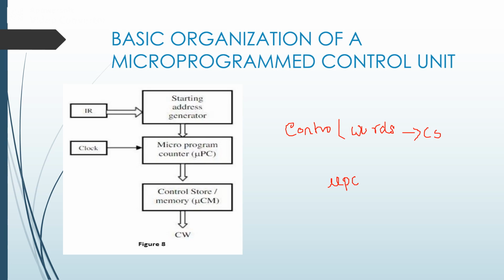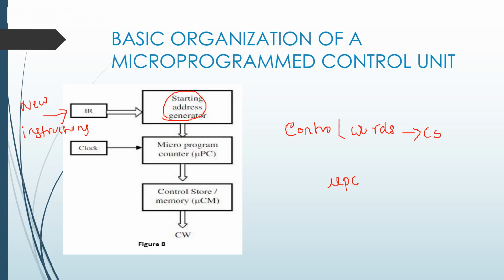Every time a new instruction is loaded into IR, the output of the starting address generator is loaded into MuPC. The output of IR is connected to the starting address generator.